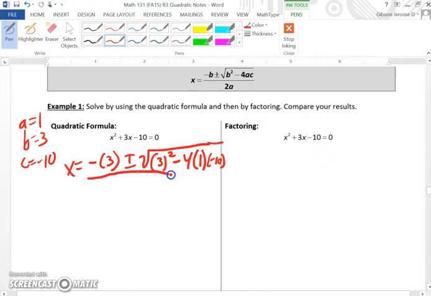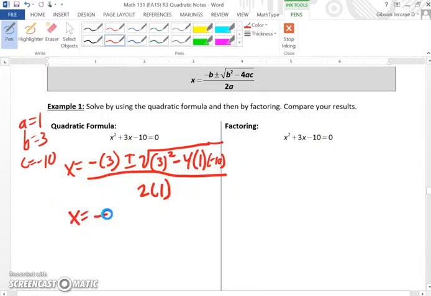And this is all over 2 times 1. Now, one thing I'm going to say just this one time: when you do this problem, make sure that you have your division bar covering everything. This 2 times A divides everything.